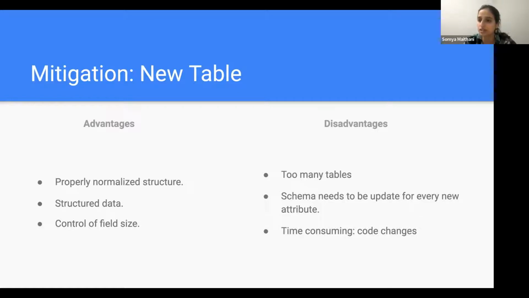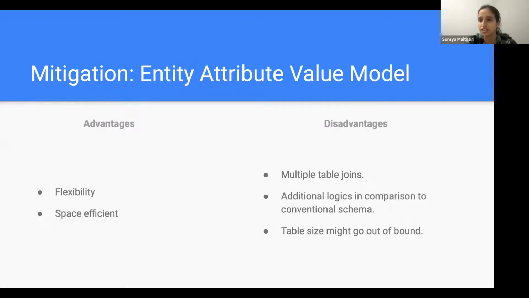The schema would need to be updated every time there is a new attribute or a new field to be added to the issue. And ultimately, it would also be quite time consuming for us from the code changes point of view. So this did not really look like a very attractive solution for our use case. So we decided that, hey, let's explore something else.